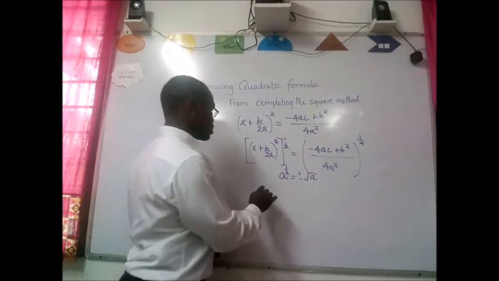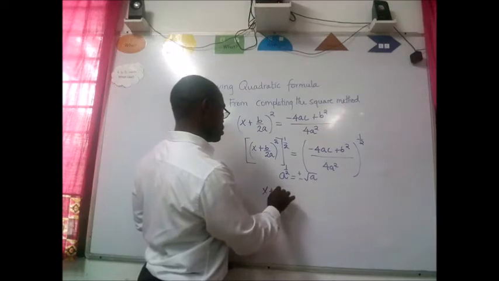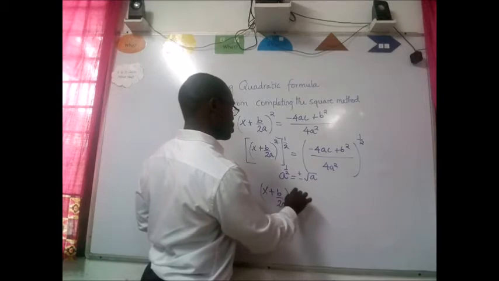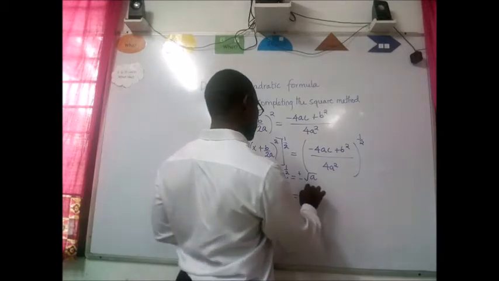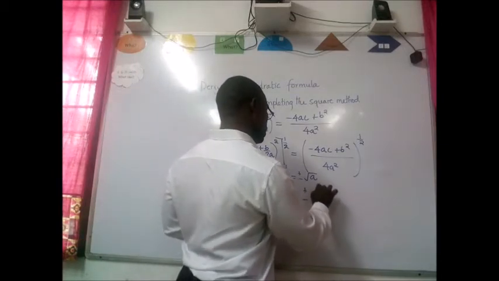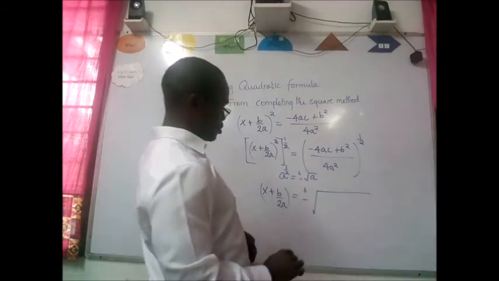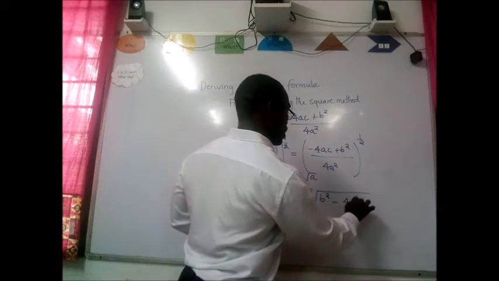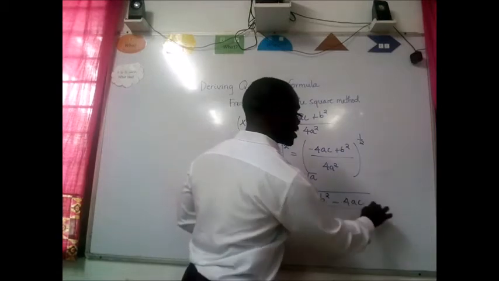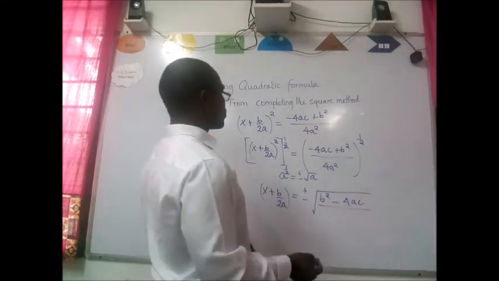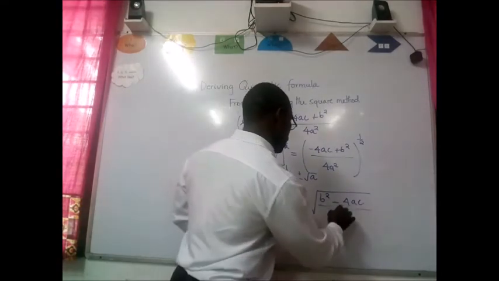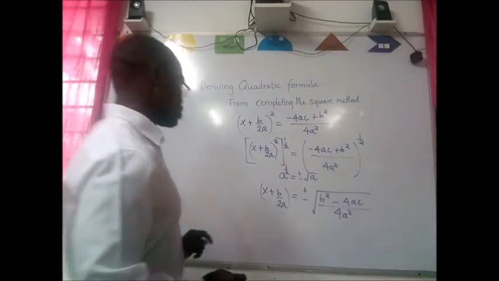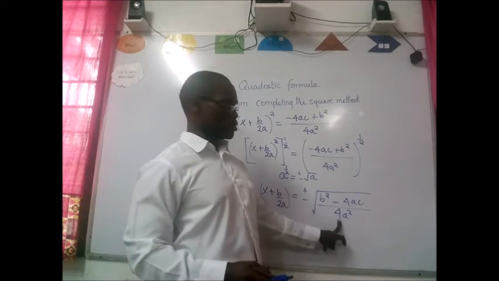So it becomes x plus b over 2a in brackets is equal to, now plus or minus, I always prefer to start with the positive, which is b squared is positive minus 4ac. Now you can see the sign of the quadratic formula is on its way, over 4a squared. Do you see that? So now the square root of 4 is 2.